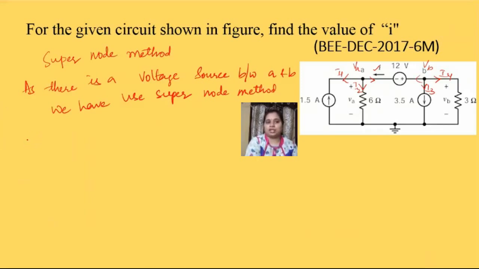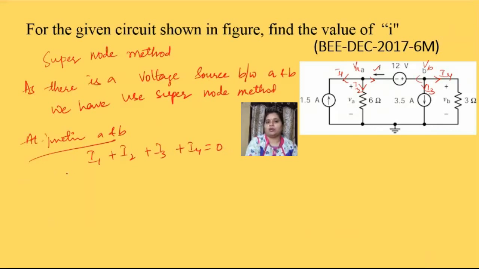Combining at junctions A and B, we write the equation: I1 plus I2 plus I3 plus I4 is equal to 0.